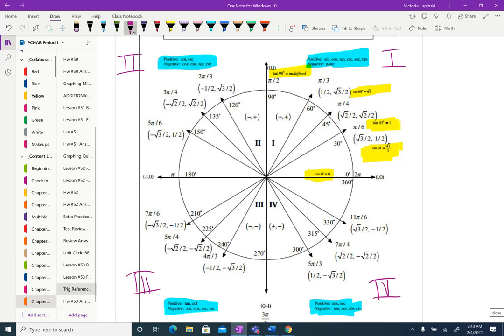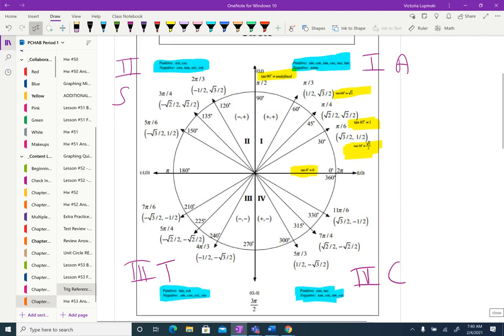And in quadrant 4, it's only the cosine and the secant. Remember, all students take calculus is just a shortcut for you to try to remember. But at the end of the day, if you can't remember, you're going to go ahead and use the blue to help you. Any questions on that?